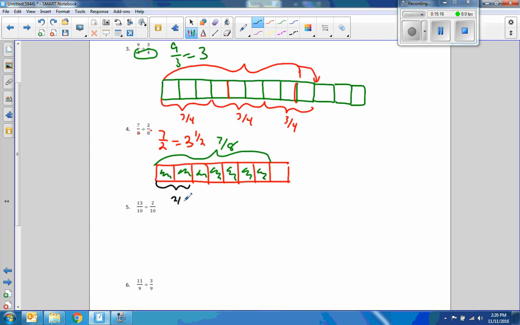This is 2/8. This is 2/8. This is 2/8. And this is 2/8. So how many 8s do I have? One. How many 2/8 sections do I have? There's 1 2/8, 2 2/8, 3 2/8, and a half of a 2/8. 3 and 1/2 2/8.